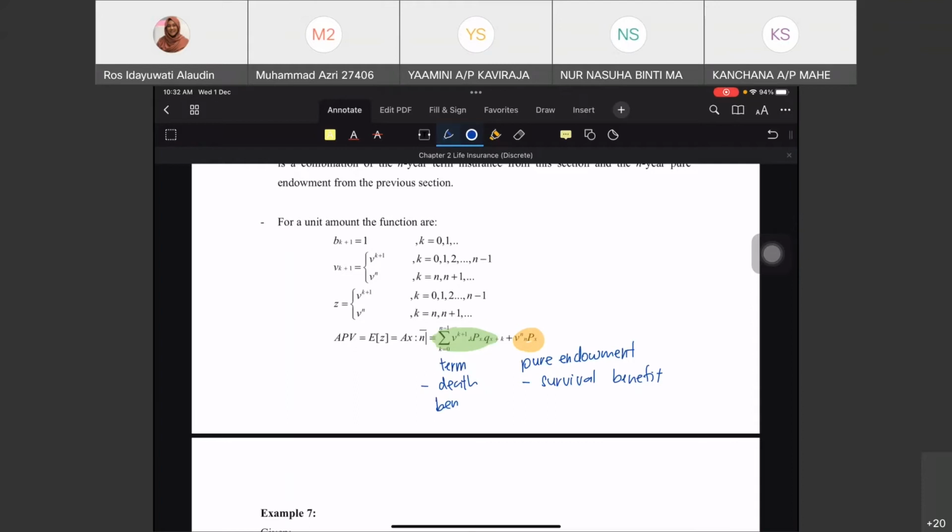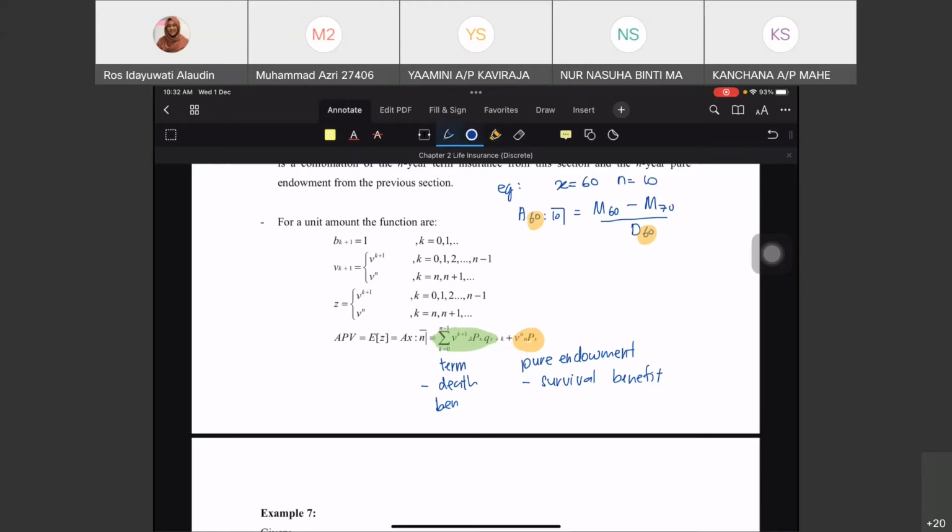So let's say we have endowment for A60 for 10 years, so x equal to 60, n equal to 10 years. You have to find first the term: M60 minus M(x+n), which is M70, over D60. The denominator must always use the current age.